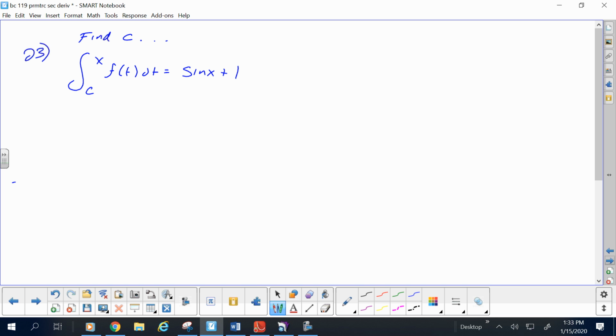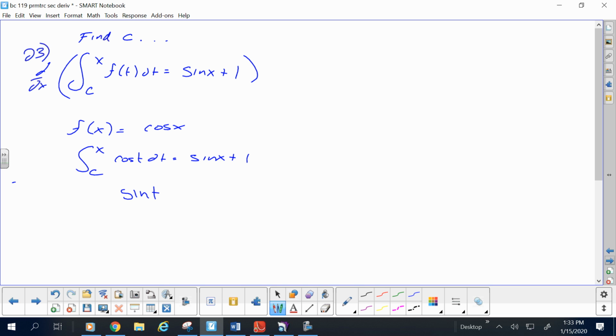Okay? If you take the derivative, and that tells you that f of x is, what's the derivative? Cosine of x. Therefore, the function is cosine. Now let's see if that helps me. The integral from c to x of cosine t dt is sine of x plus 1. Now I'm feeling it. What's the antiderivative on the left? Sine or negative sine?